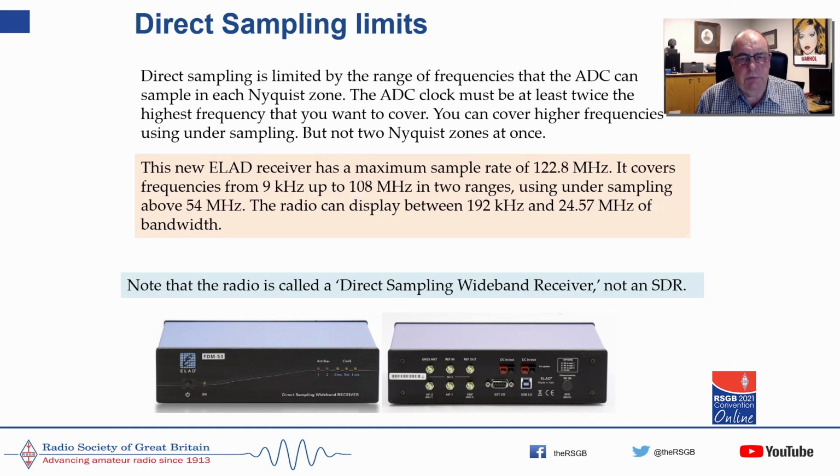This radio can display up to 24 megahertz of bandwidth at the same time on your panadapter, which is pretty wide. Now, I note that they don't call this radio an SDR, they call it a direct sampling wideband receiver. And I think that's because of the confusion about what exactly an SDR is.